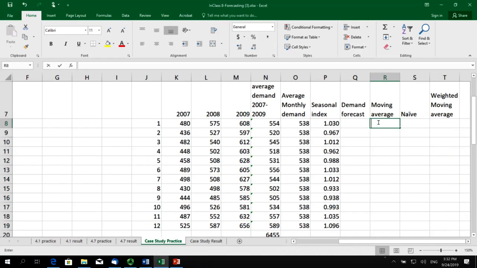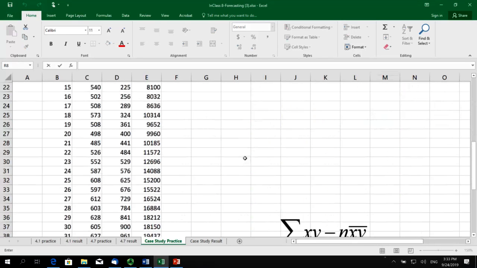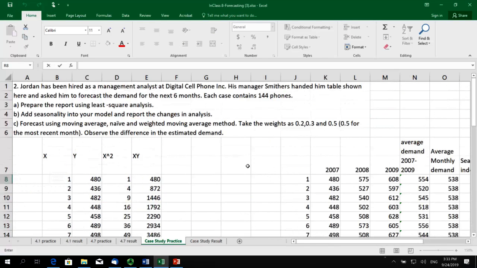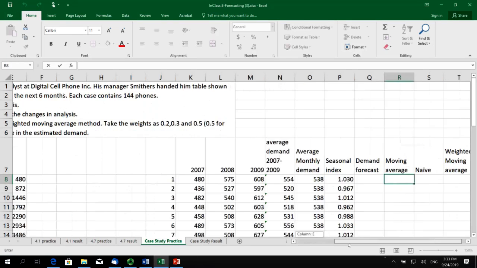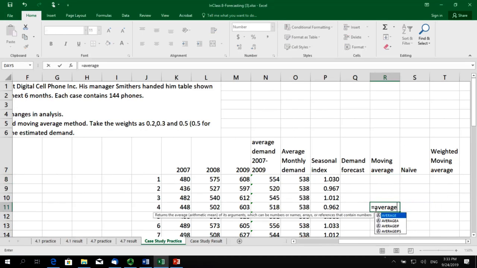So for moving average, look at what information we need to use. Moving average, naive, and use three months, average of the three.